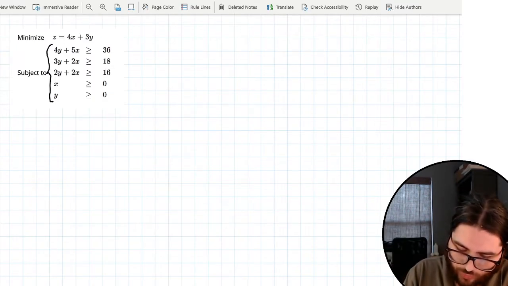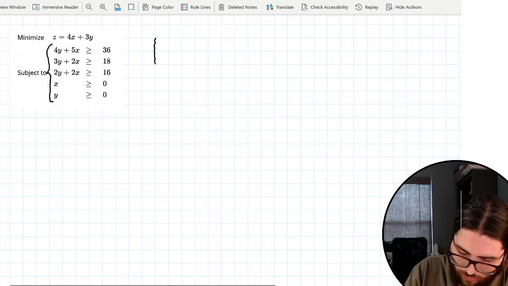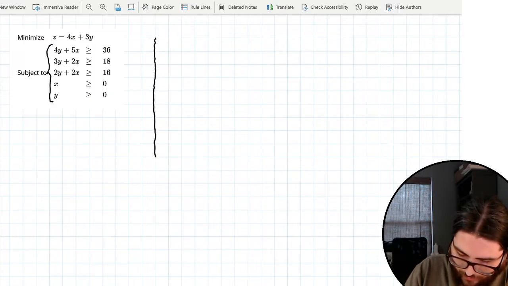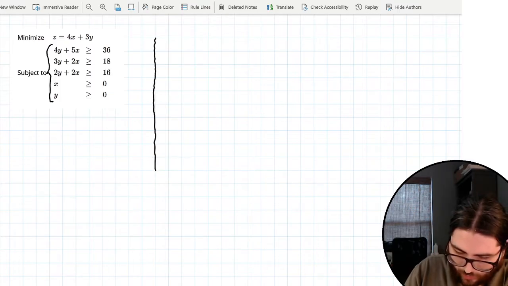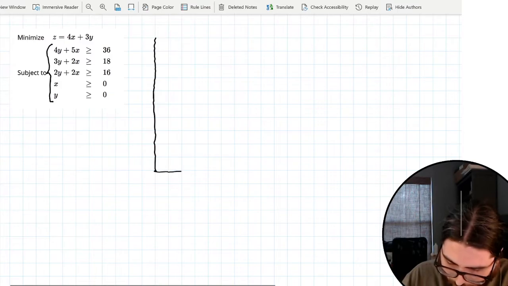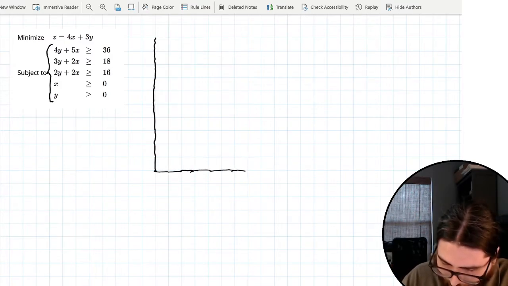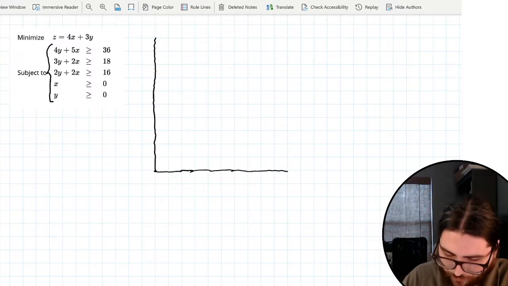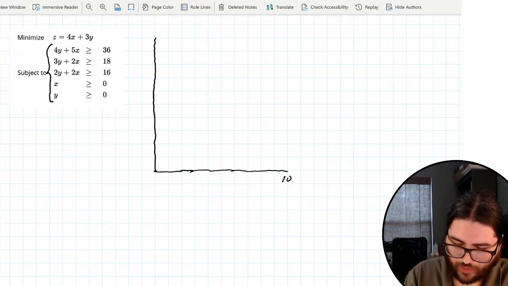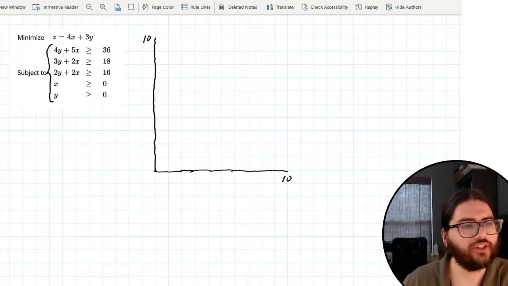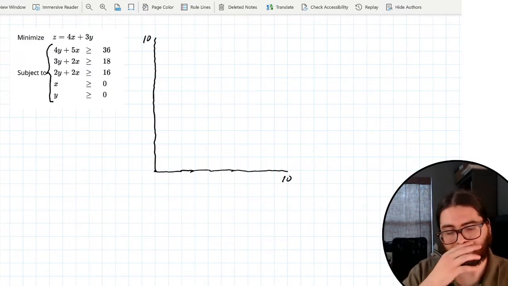And I'm going to use them to count 1, 2, 3, 4, 5, 6, 7, 8, 9, 10. I don't think I need to go any farther out than 10. I'm going to use them to get at least a little bit better of a picture here.